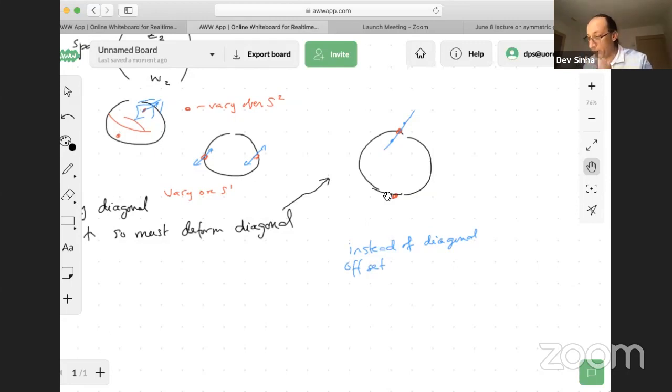I don't have to do it equivariantly, even though the original diagonal was equivariant. The deformation is definitely not going to be. So if my first inclusion had the top point straight up and down, I'm going to offset the diagonal. Let me indicate that in green. This is the offset. But the point is that as this top red point comes to the bottom and this other red point goes to the top, at some point this is going to be straight up and down.